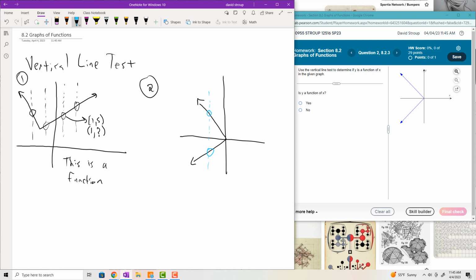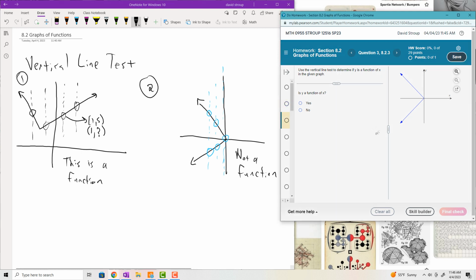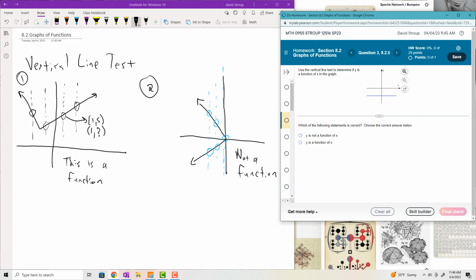I mean, in other places, like if I dropped a vertical line right here, it only hits it in one place. But again, you have to consider every possible vertical line, and if it ever hits it in more than one place, then it's not going to be a function. Not a function. And it's literally a visual thing. You could just look at it and know.